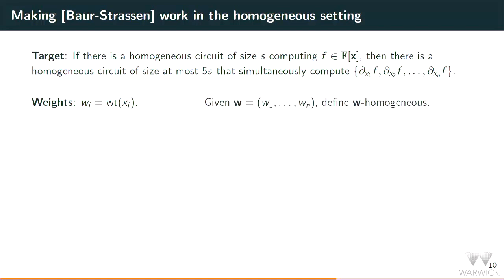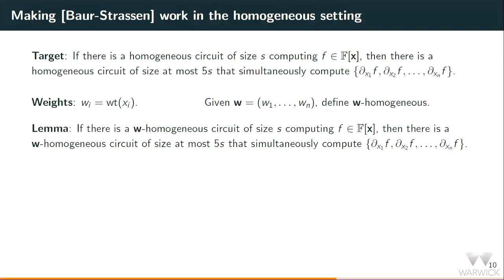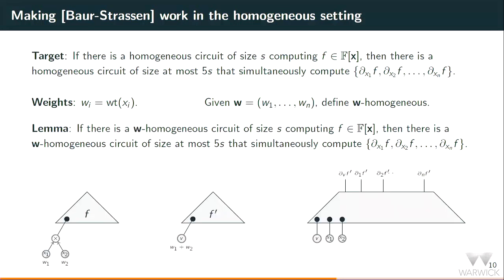essentially by this notion of weights. We define W-homogeneous to be a circuit which is homogeneous with respect to these weights instead of just degree. And we show that Bauer-Strassen's result continues to hold using the concept of W-homogeneous instead of just general circuits. So we have W1, W2. For a sum gate, of course, because by induction it's W-homogeneous, it will be the same weight.